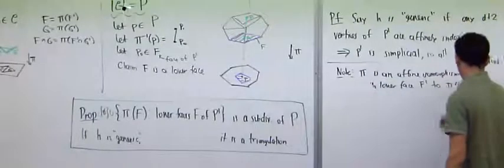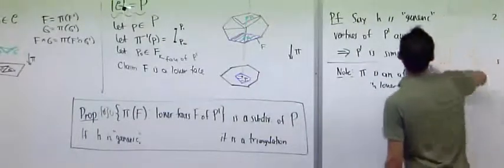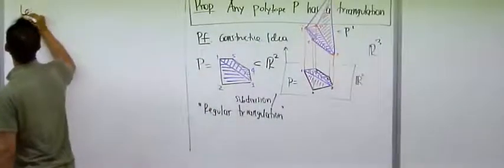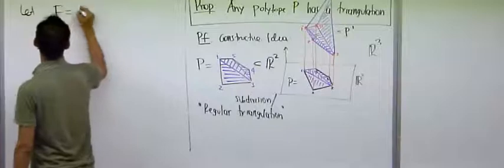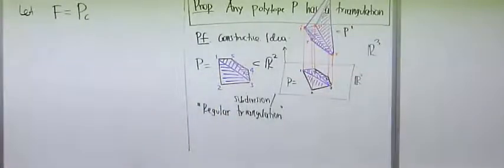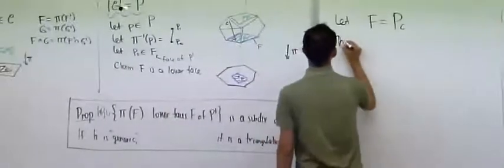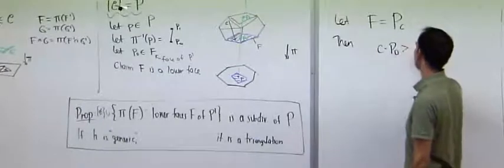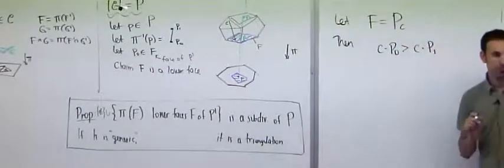And let me just quickly make the argument for why it's true that F is a lower face. Say that F is the maximum face in direction C. Okay? So maybe C points like this. That means that the value of C at P0 has to be bigger than the value of C at P1.